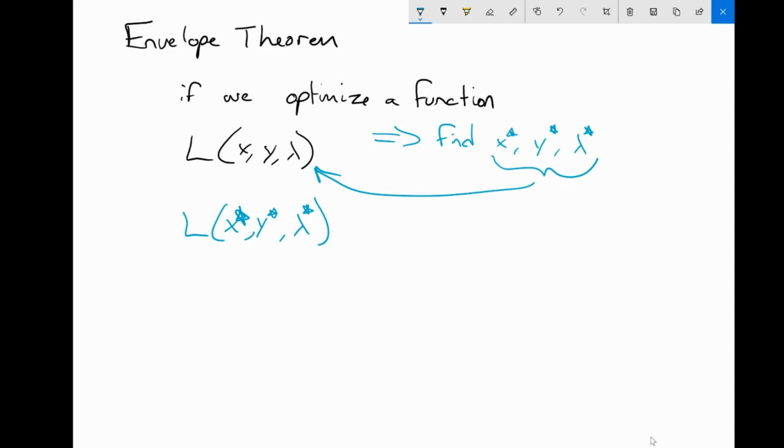And also remember, x star, all of these are functions of the parameters. And then if we wanted to know the impact of a change in a parameter, we'll just say z, then that is equal to just the direct derivative.